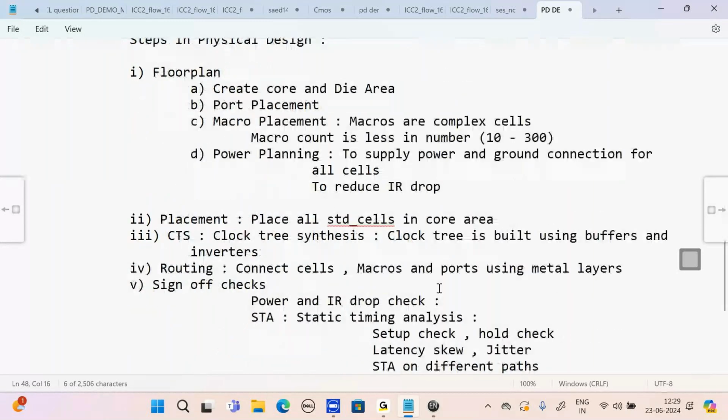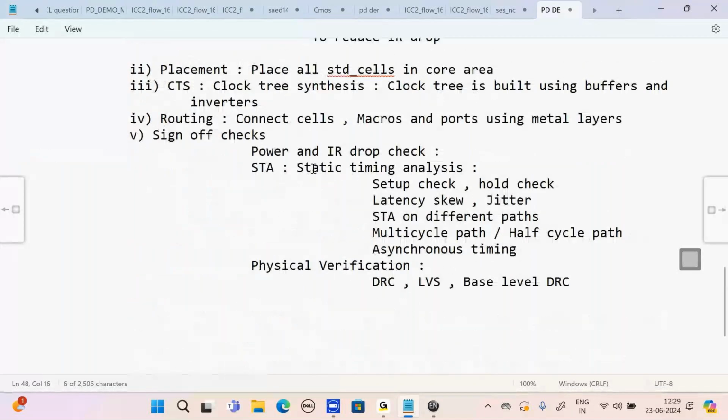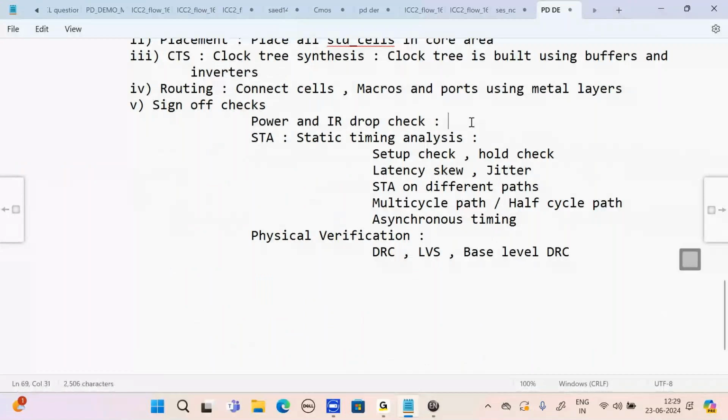They are not readily available in the market, unlike Xilinx, where we can download free source. We cannot do that here. For sign-off checks, for power and IR drop, we use RedHawk. For STA, we use StarRC for RC extraction, and we use PrimeTime. StarRC and PrimeTime we use for STA. For physical verification, we use IC Validator.